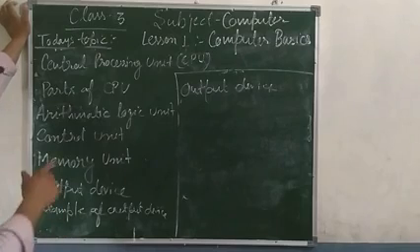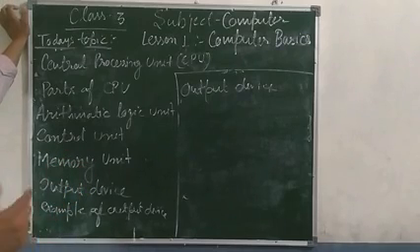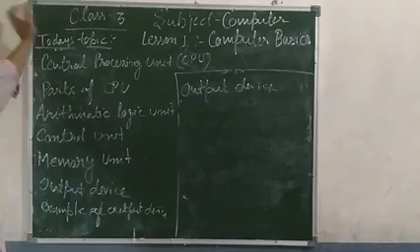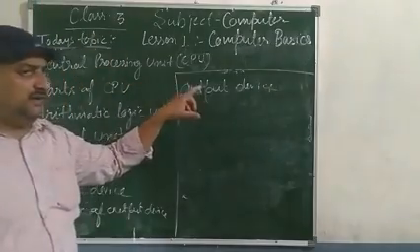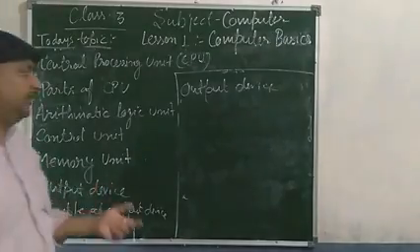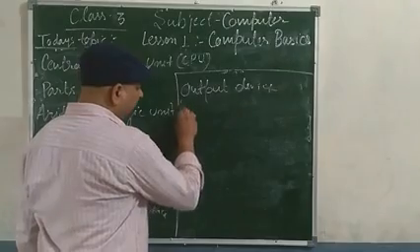We discussed earlier that we take the input from the user, then process it, and then show the output to the user also. With the help of output devices, we can generate the output. The example of an output device is the monitor.